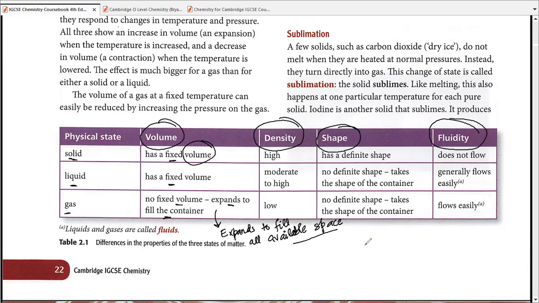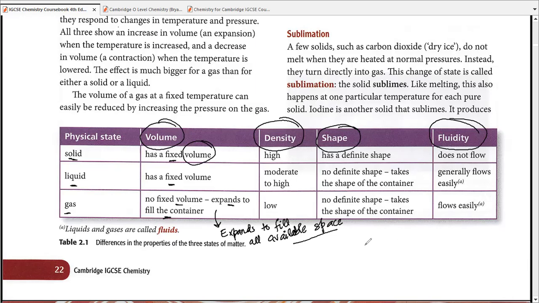Instead, we may be talking about an entire room, an entire hall, an entire planet maybe. So the scope gets broader and broader, and the gas would expand to fill the area as much as it can. That's why gases tend to travel.